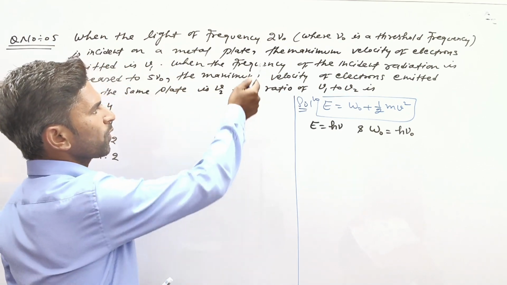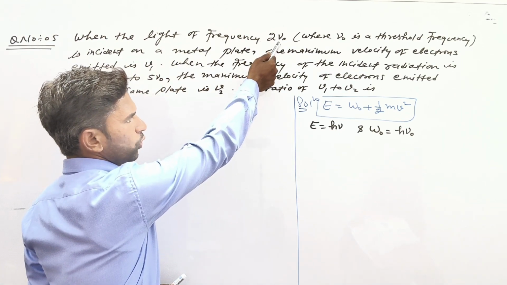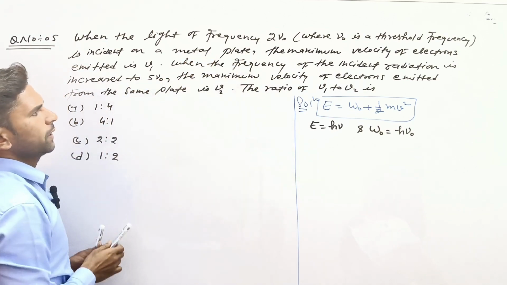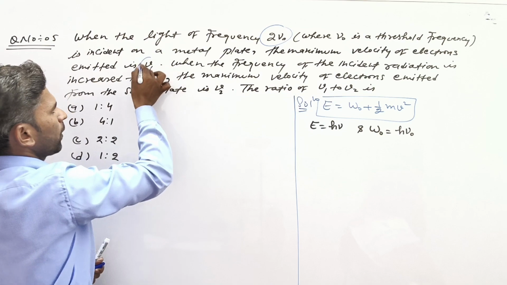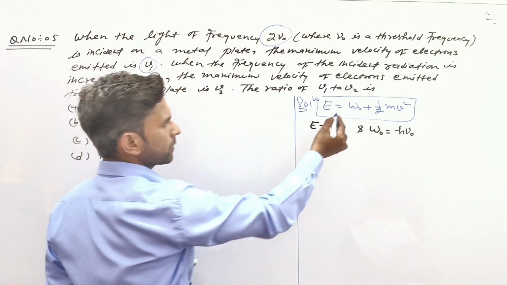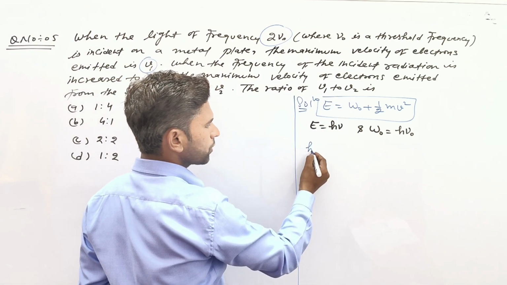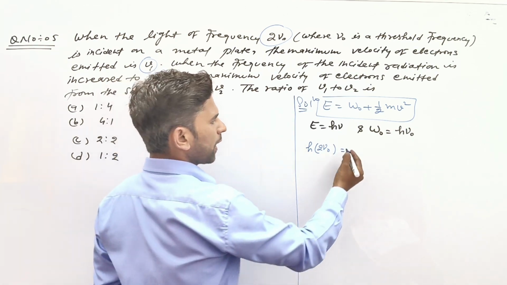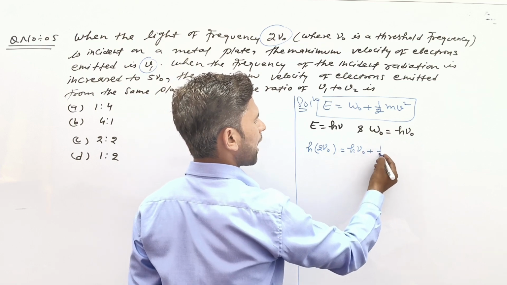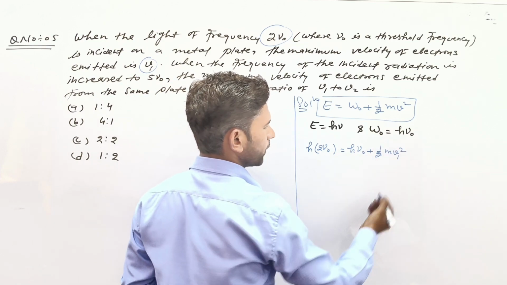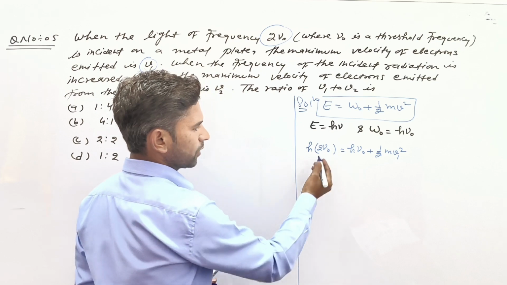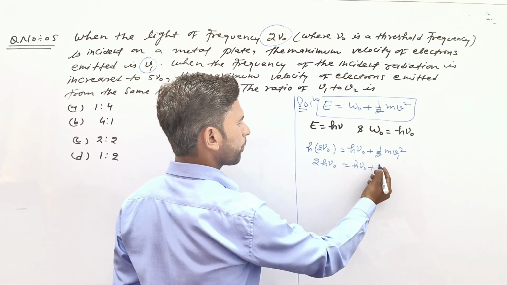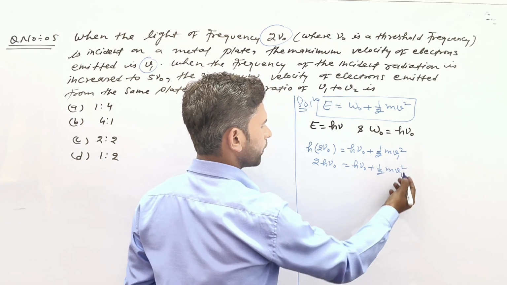Two conditions. First, the frequency is given as 2 nu naught, and the velocity will be v1. Applying this first condition, you can write h 2 nu naught is equal to h nu naught plus half mv1 square. Now solve: 2h nu naught is equal to h nu naught plus half mv1 square.